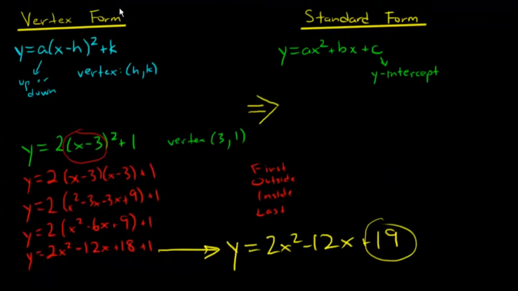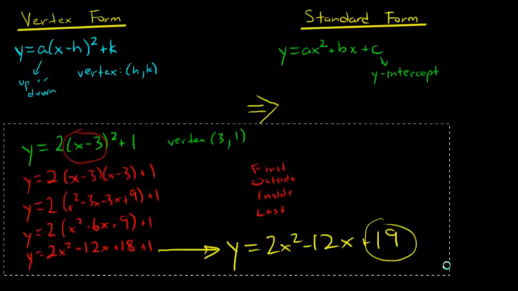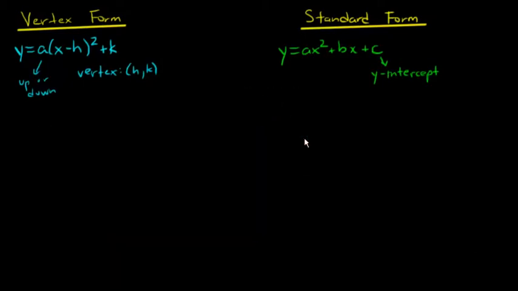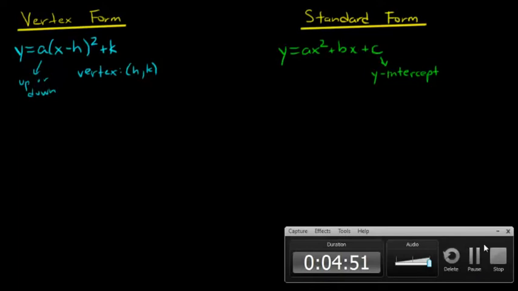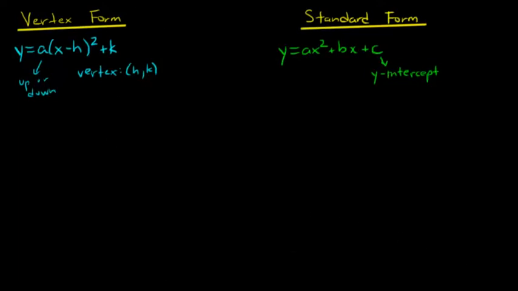Let's do one more example. Another way we could look at problems like this is I could tell you something like, okay, I'm going to talk about a quadratic relation, but all I'm going to tell you is that in vertex form, a equals 2, and I'll also tell you that the vertex is 3, negative 1.